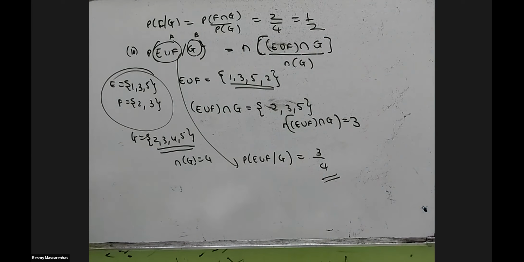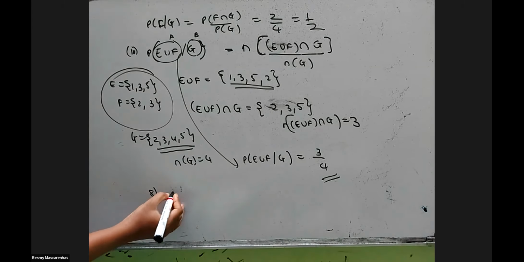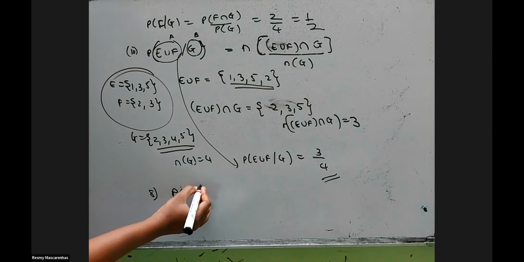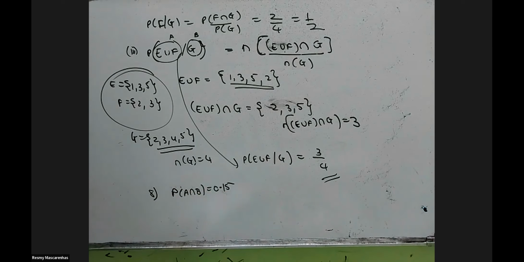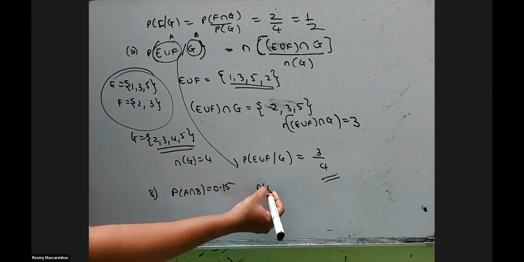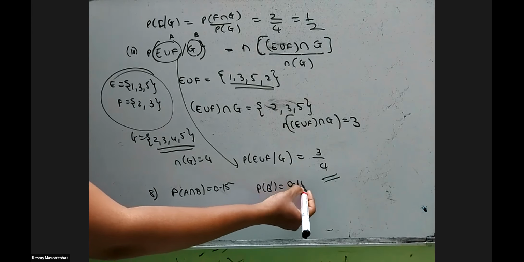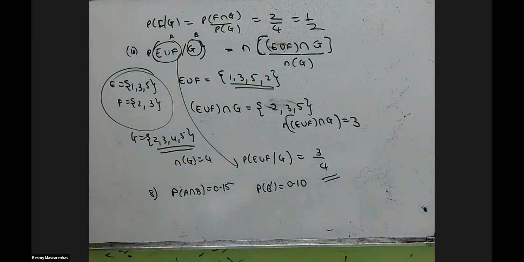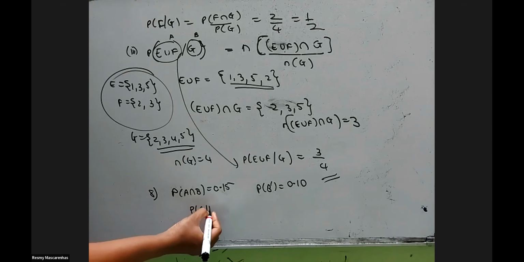Any doubts in conditional probability you can ask. Whatever I've covered so far, anything you've not understood. One more is the 8th one. P of B dash is given. Then P of A upon B is asked.